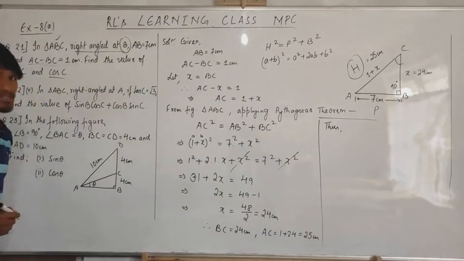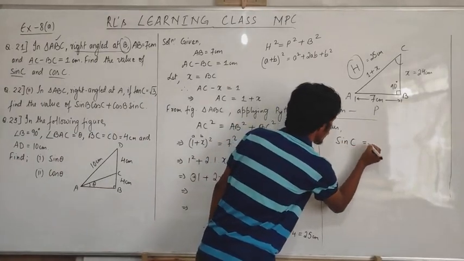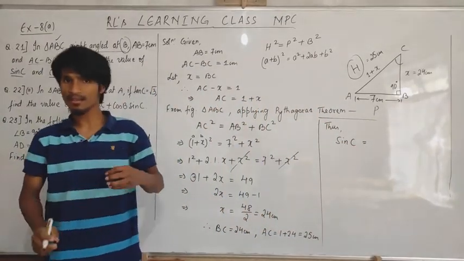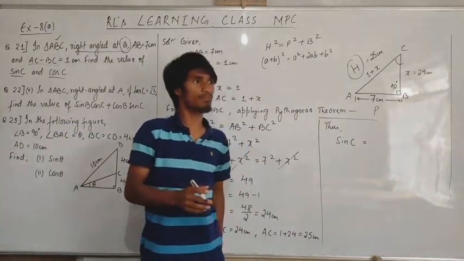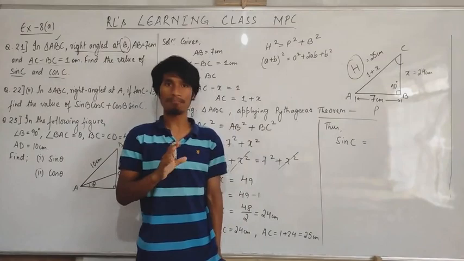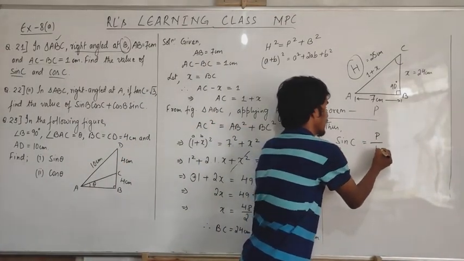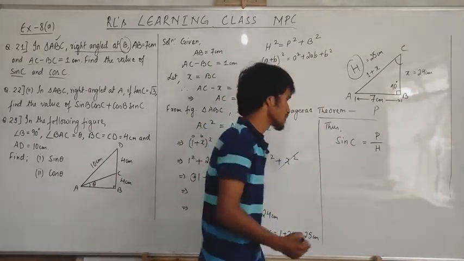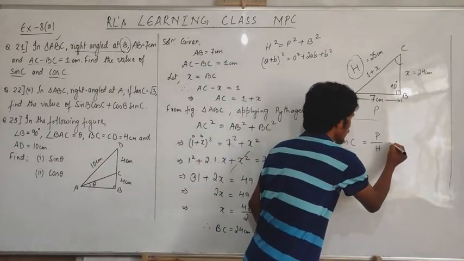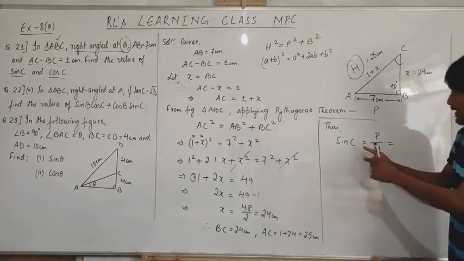Okay, we'll find sin C first. Now what's the formula for sin? Sin is perpendicular by hypotenuse. I told you a simple way to remember it easily: "some people have", meaning sine is perpendicular by hypotenuse. Now here, what is the perpendicular with respect to angle C?